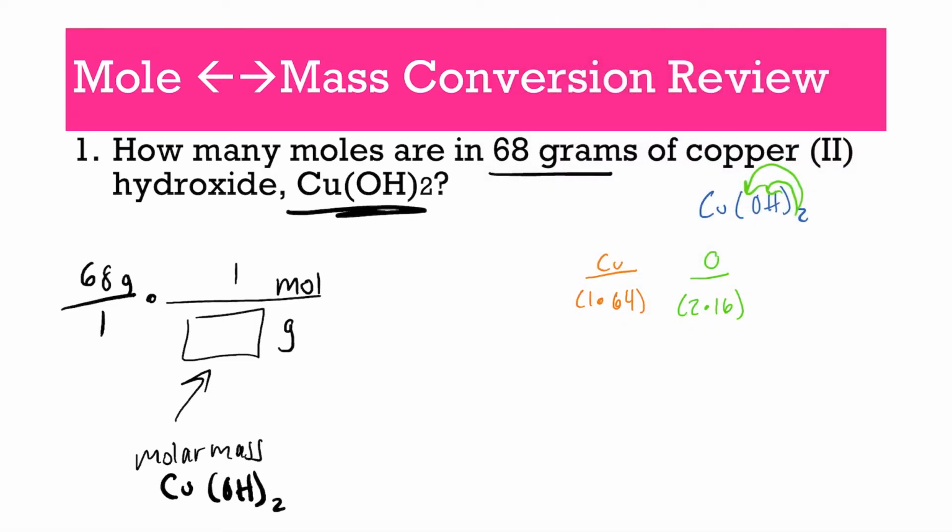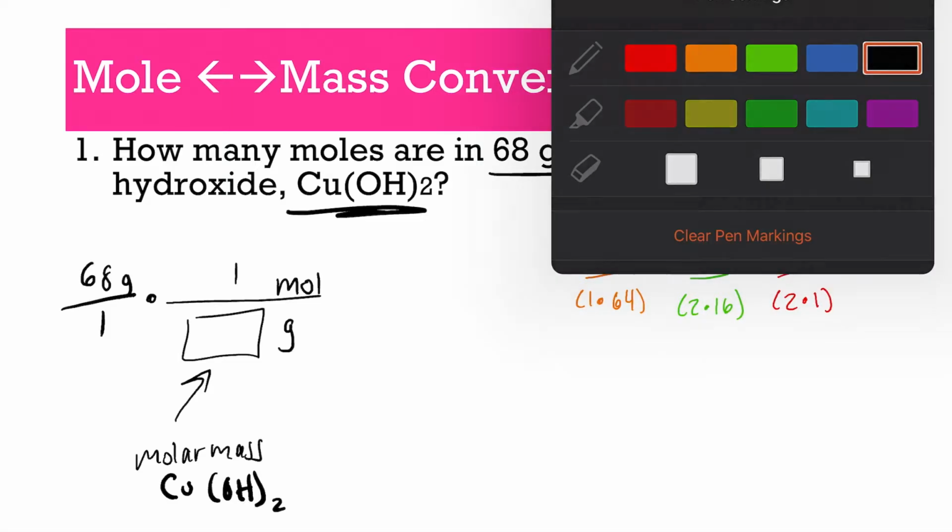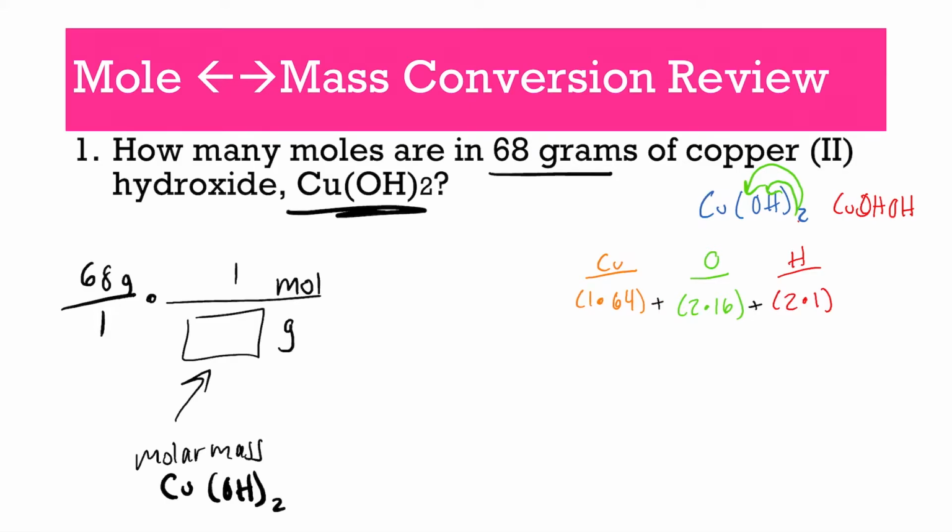Then our hydrogens, again, we have 2 of those because that little subscript 2 means it's written as CuOH, OH. That's easier to see, but you could just have the parentheses and the little 2. According to the periodic table, the mass of hydrogen is 1. To get the entire compound, add all that together. 1 times 64 is 64, 2 times 16 is 32, and 2 times 1 is 2. Add it all together, 64 plus 32 plus 2, and you get your molar mass.